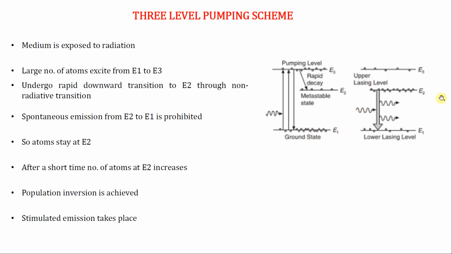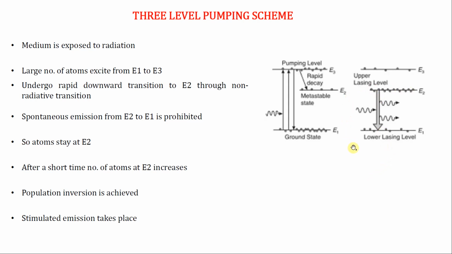So you will get the population inversion. Once population inversion is there, any random photon, any chance photon can come and interact with the atoms, cause stimulated emission, resulting in emission of a spontaneous photon and a stimulated photon.